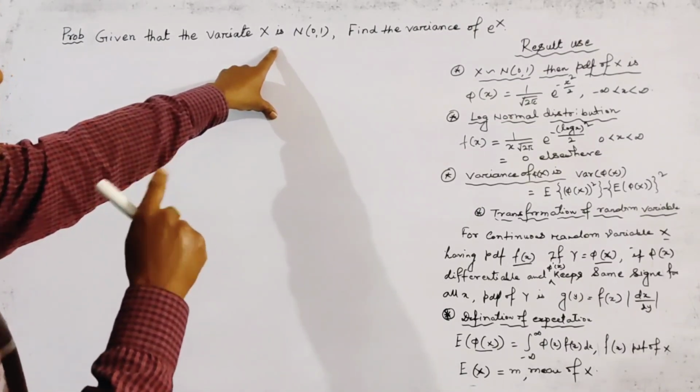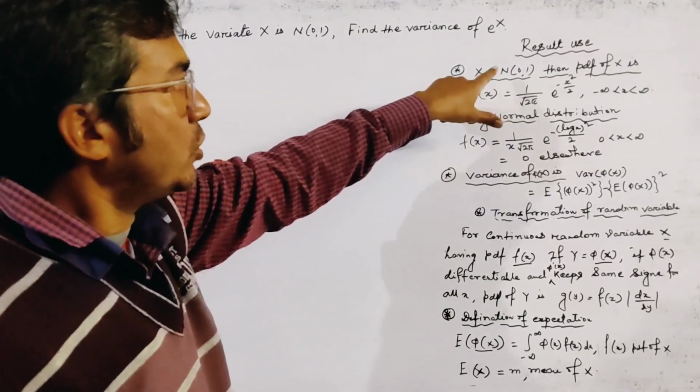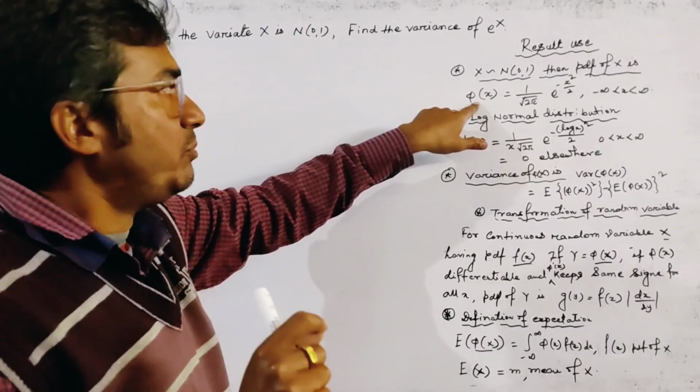That is the probability distribution of normal 0 1. If x is normal 0 1, then the PDF is generally written as phi of x.